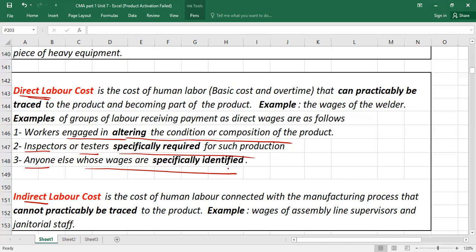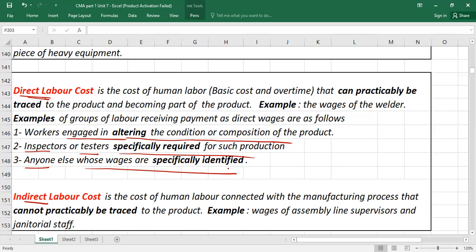Now let me make it more simple. Any people in the production department who are not a manager of the production, who are not the supervisor, and who are not the janitorial staff, other people will be classified as direct labor. Supervisor salaries, production manager salaries, janitorial staff salaries, because janitorial, they are cleaners, sweepers.